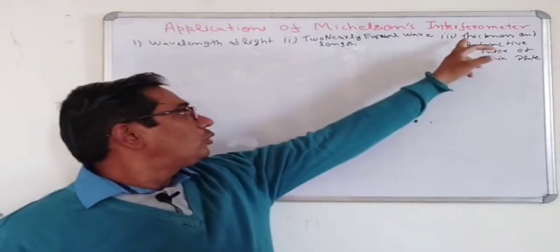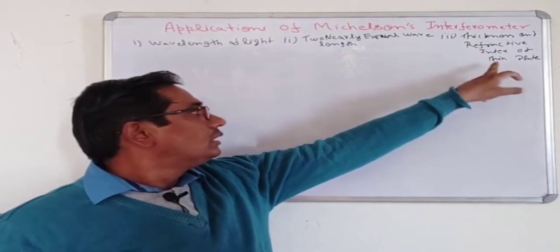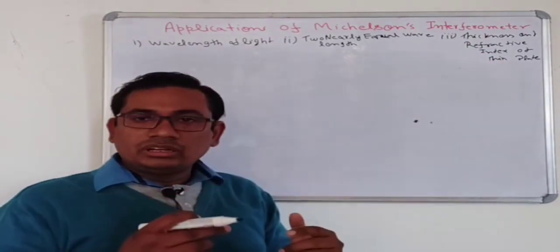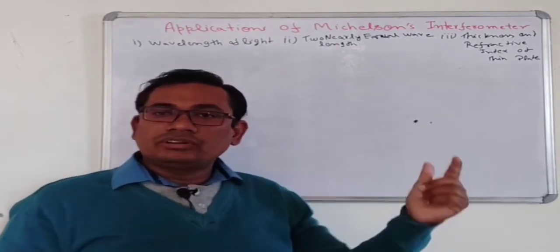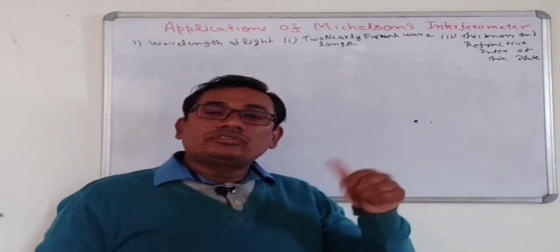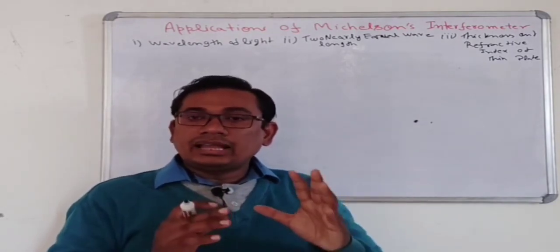Here we have two unknown quantities, thickness and refractive index of the thin plate. If you know the thickness of any glass plate, you can calculate the value of mu, and if you know the refractive index, you can calculate the value of T. Here we will apply it like that.